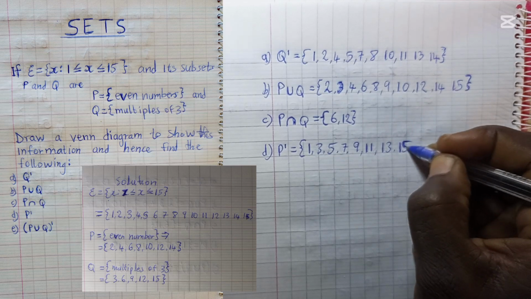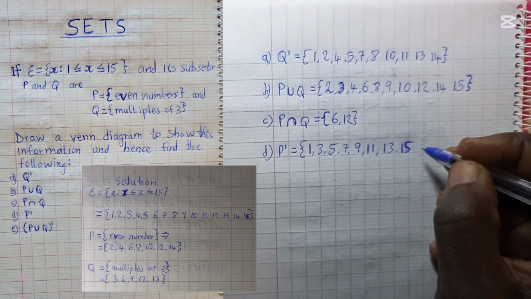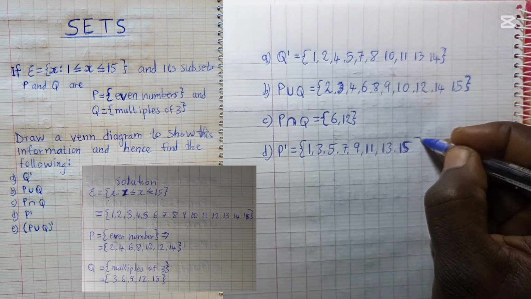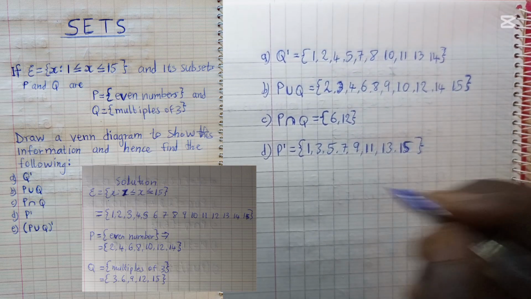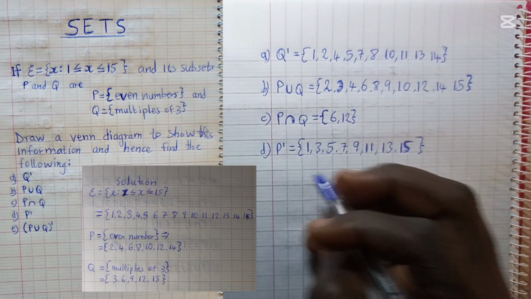So these are all the numbers that cannot be found in set P. We call them the complement of P. So this is the answer to the complement of P.